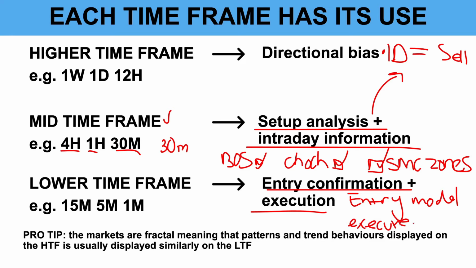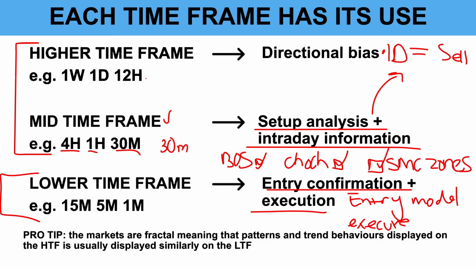So all of the stuff with stop loss, take profit, entry price, limits, or execution, whatever it is, right? What we're basically doing here is setting up everything over here so that the minute we get to the lower time frame, all we have to do is look for the zone and enter, right? Because we've already gotten all the information from the middle time frame and the higher time frame.